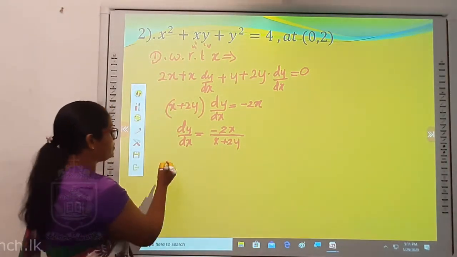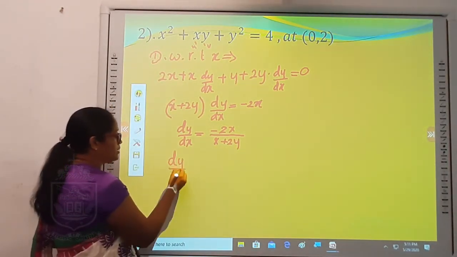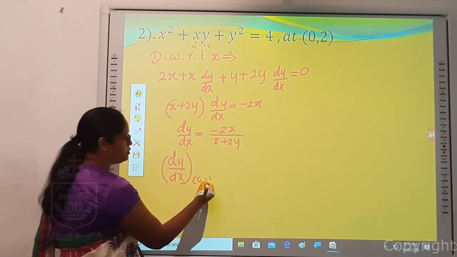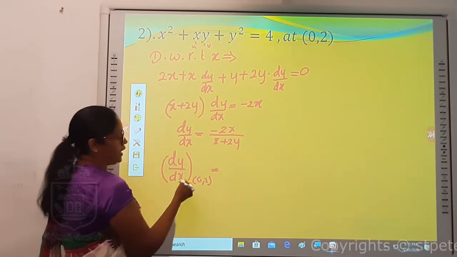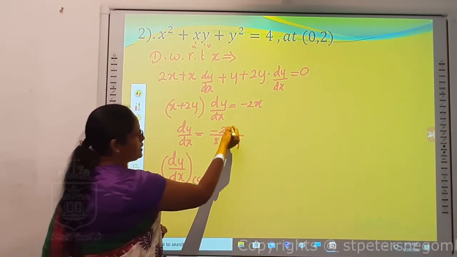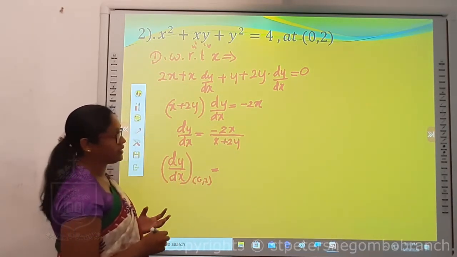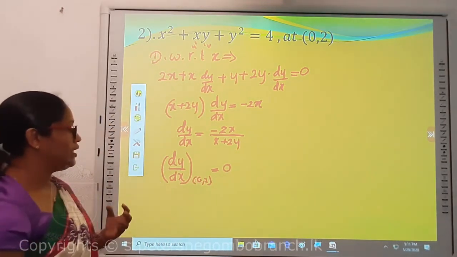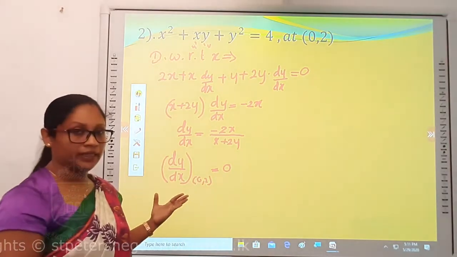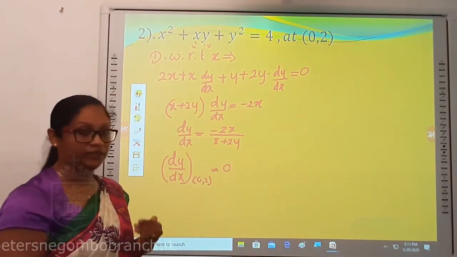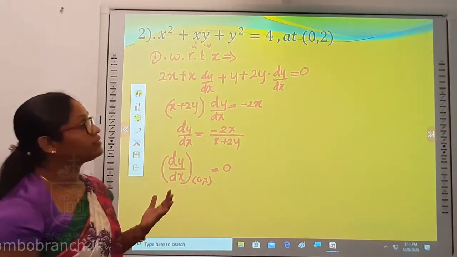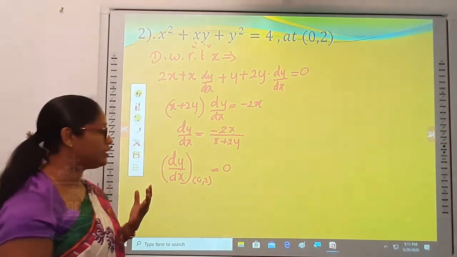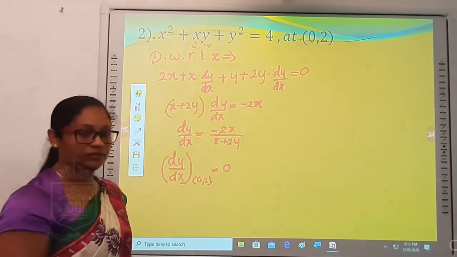So dy over dx at the point (0, 2): x means 0, so you can see that in the numerator there is 0, that means the derivative will be 0. So what we have found here is the gradient of the tangent at the point (0, 2), and it is 0. That means, what about the gradient of the normal?